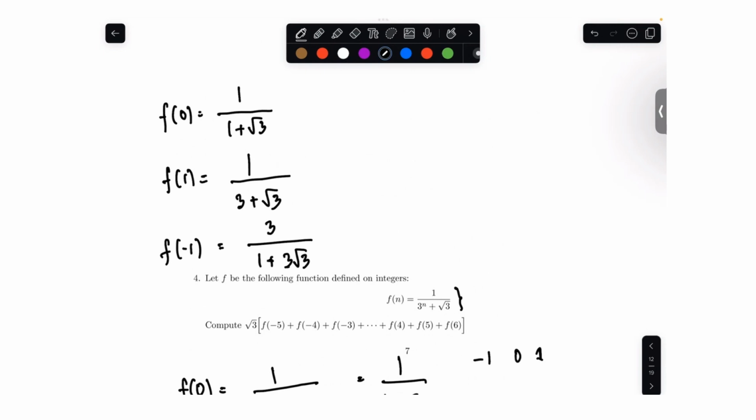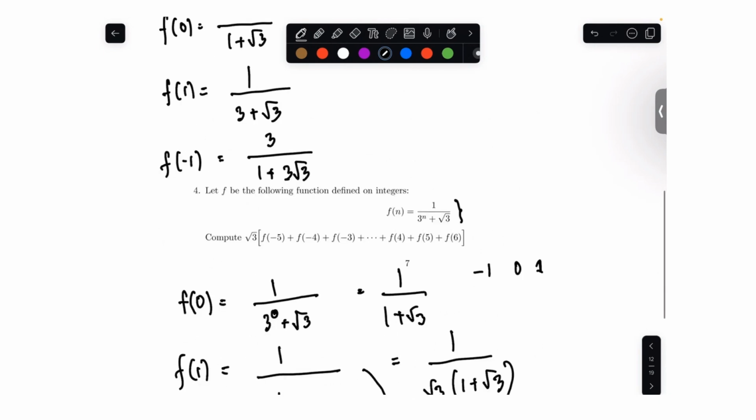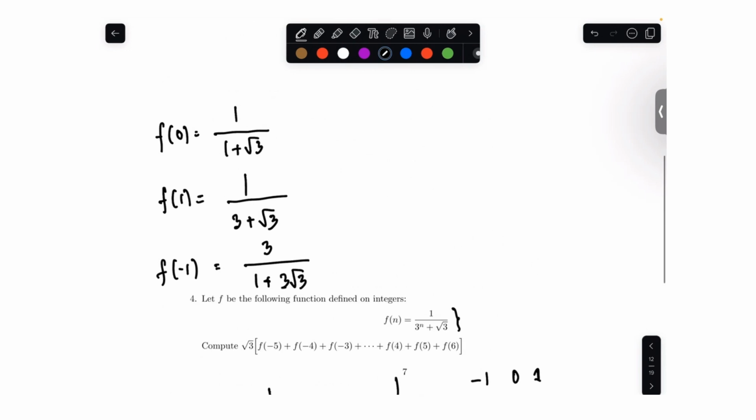Okay, so let's calculate. One interesting thing you must see is that here it's -5 and 6. So what it's saying to my mind is, why it's not -5 to 5 and why it's 6, is there any other relationship out there.